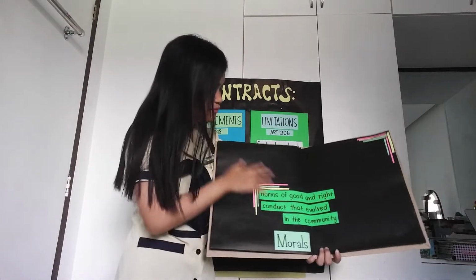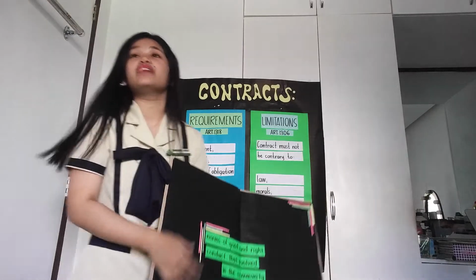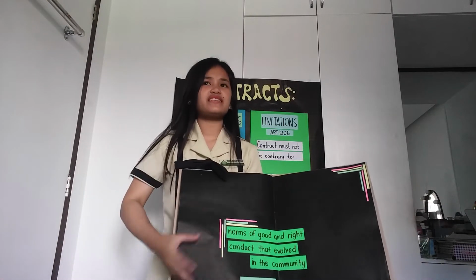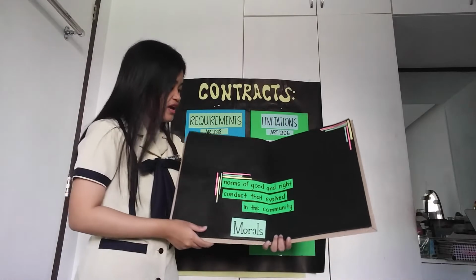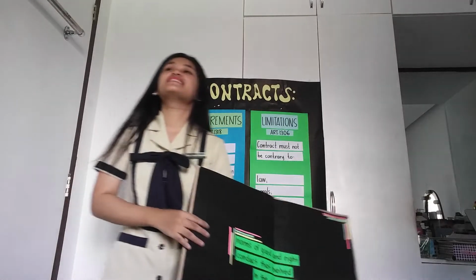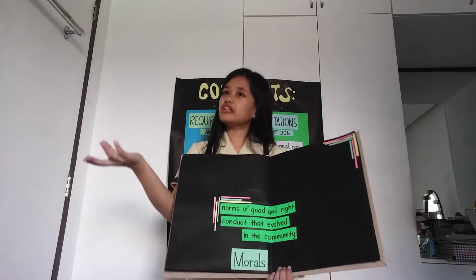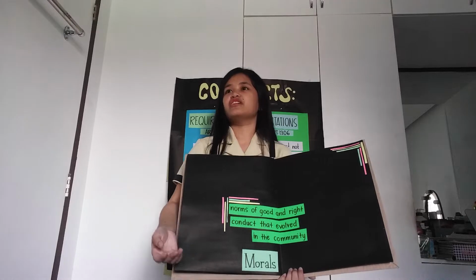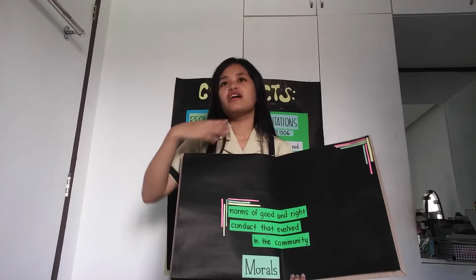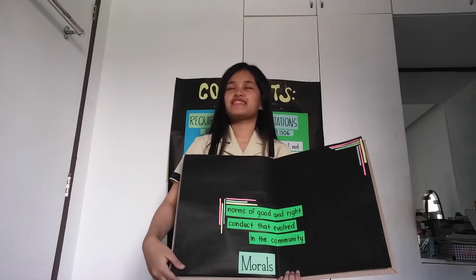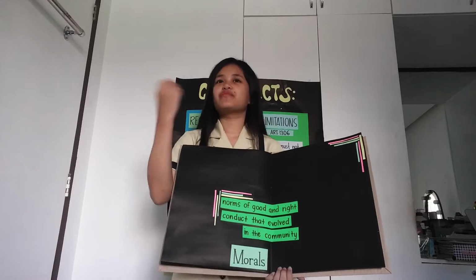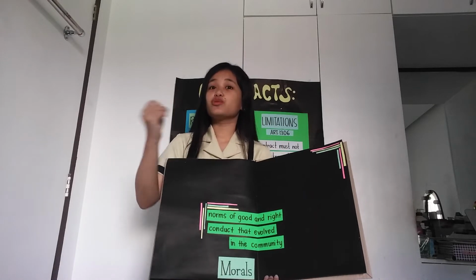So morals, these simply are the rules of what is good and what is right, and those things evolve in our community or society as time goes by. A good example here is the cliche trope in which the mother-in-law pays or makes her daughter-in-law sign a contract wherein she will be given a sum of money to break up with his boyfriend or her son.